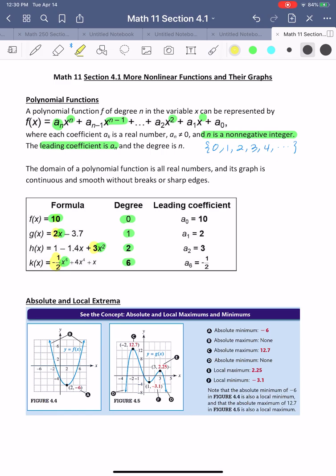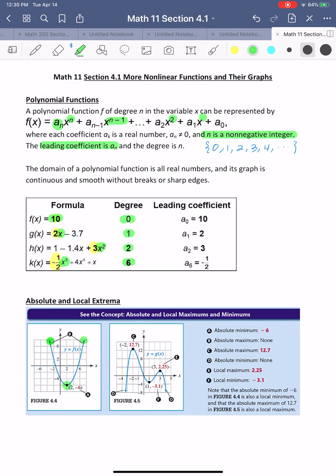All right, absolute value and local maxima. Compare this graph, the first graph, figure 4.4. There's an absolute minimum, because that's the lowest point you can see on the graph, but both ends come with arrows, so there's no absolute maximum this time.